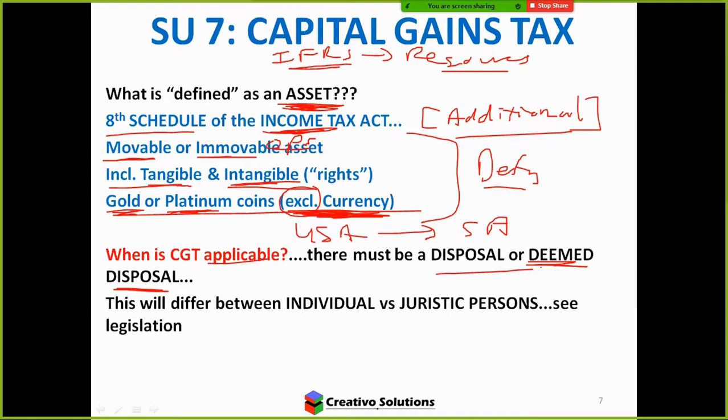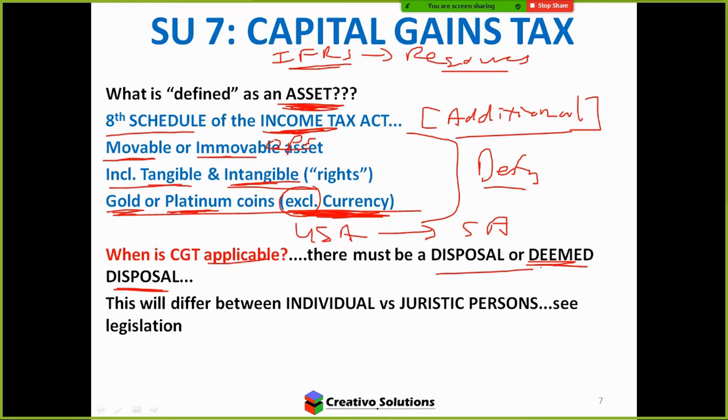Another one could be immigration. Let's say you immigrate to another country, but you keep your investment in South Africa. Even though you've still got those properties in South Africa, because you've immigrated, there could be a deemed disposal. SARS will say, because you've immigrated, we're going to deem that you've disposed of all your assets.